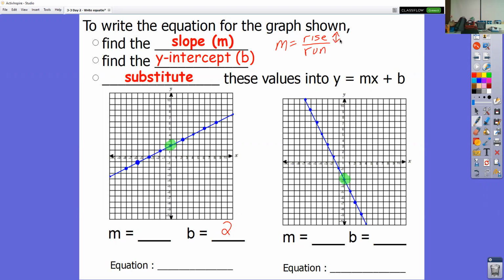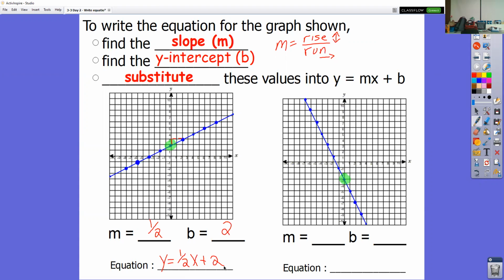So it either goes up or down, and then how many spaces to the right. So it goes up 1 and 2 to the right. So a rise of 1 and a run of 2. So m equals 1/2. So our equation would be y equals 1/2 x plus 2.